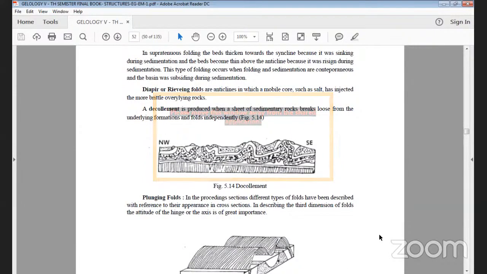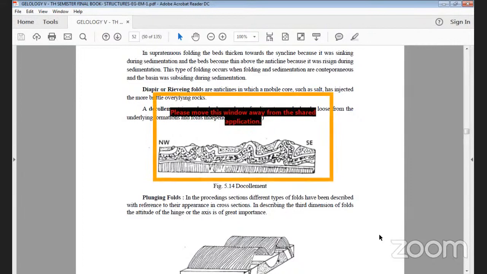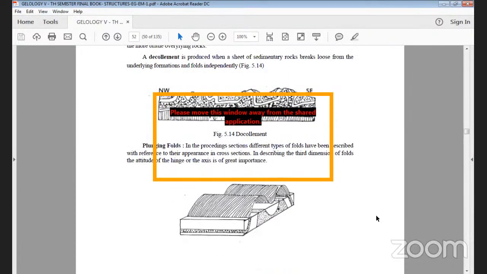This is a reference to the cross sections. There are various folds we have identified, and as per the dimensions, the folds have a different attitude from the hinge, which has good importance.